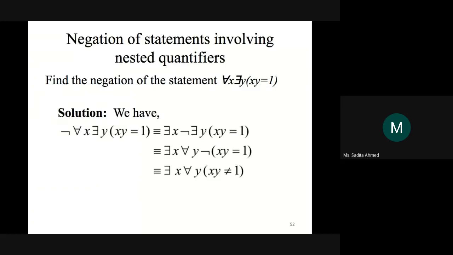Exactly. Very good. For the set of integers, are fractions going to be allowed? No, fractions are not allowed. So for all x, you cannot find at least one y where xy is equal to 1, because fractions are not allowed.